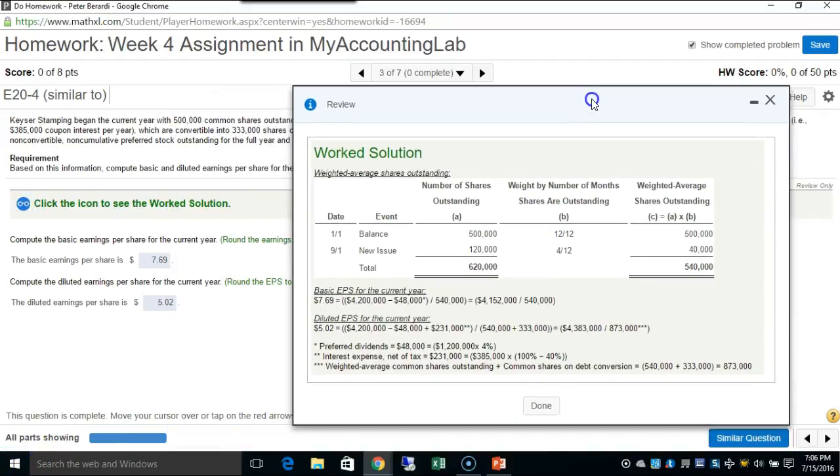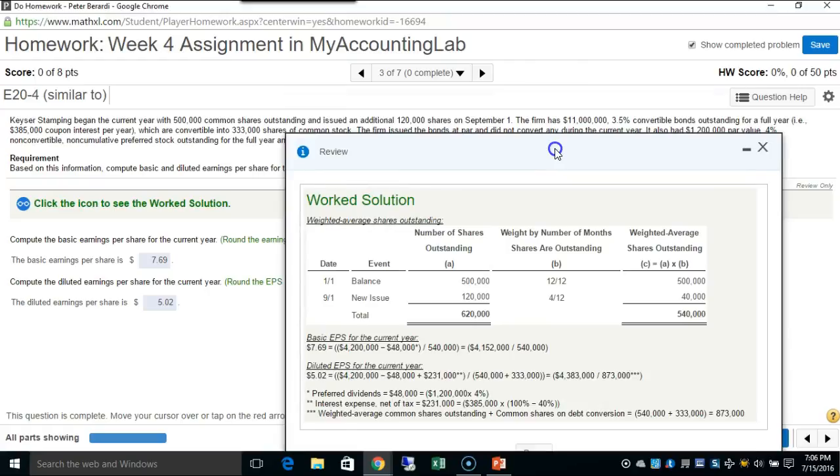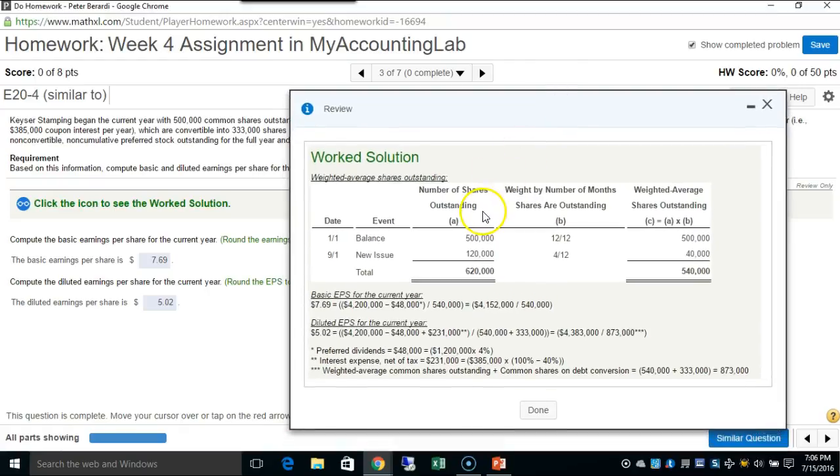So as you can see, we work on our outstanding shares first. We had 500,000 outstanding shares given to us in the problem, which were outstanding at the beginning of the year, and they get a weight of 12 out of 12 months for the full 500,000.